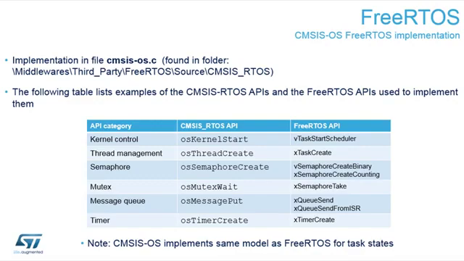So you can see kernel start underneath the task start scheduler with a void return parameter. Thread create, xTaskDefine, xTaskCreate, OS semaphore create. Here you can choose xSemaphoreCreateBinary or counting, and so on and so on. So the CMSIS RTOS always begins with the OS and then the description of the function, which is, I would say, very nicely readable.